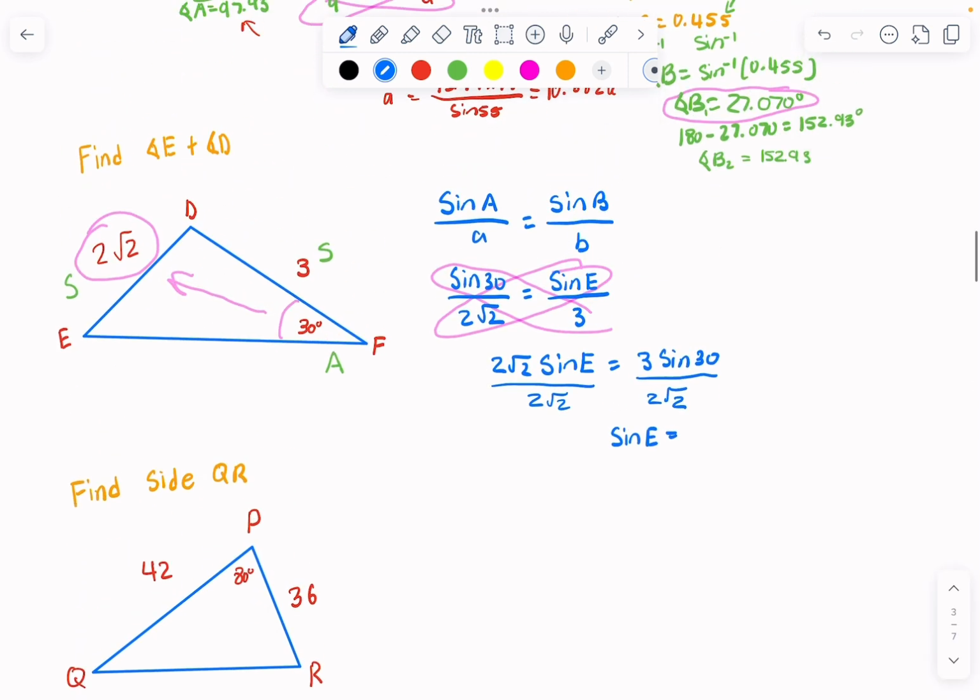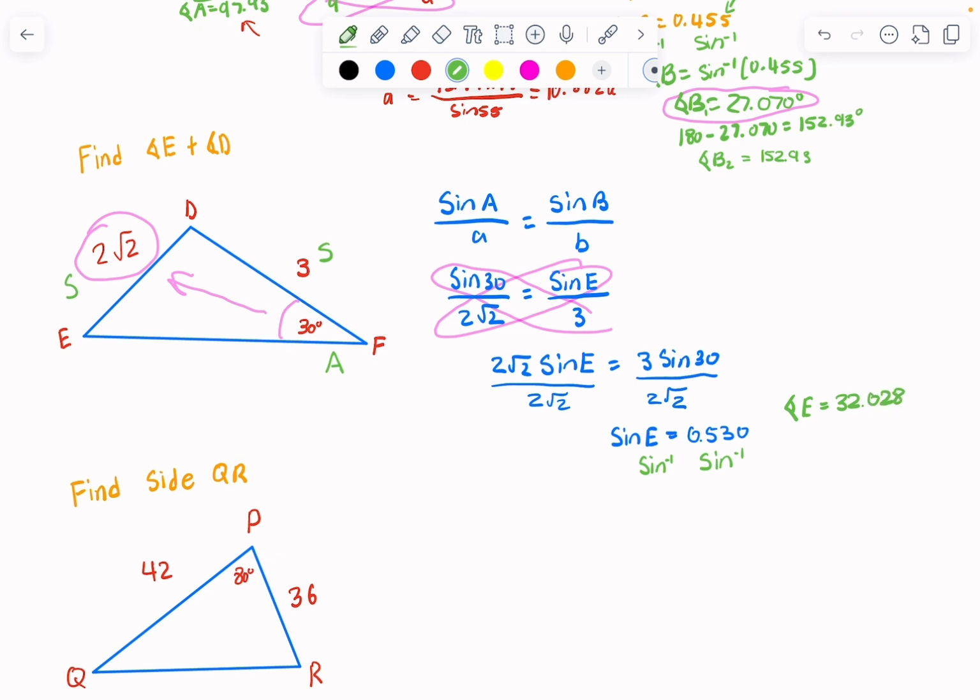So that will be 0.53. And now you're going to isolate E, so that's just inverse of sine. You can plug that into your calculator. So angle E equals 32.028.